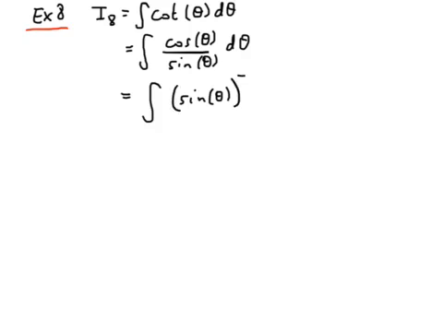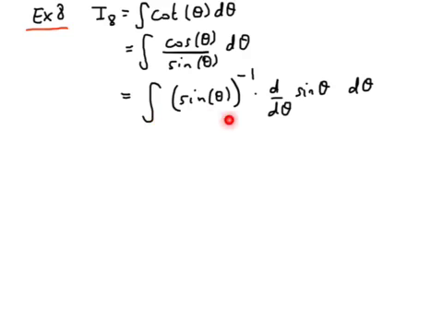all to the power of -1, and this does not mean the inverse function, it means the reciprocal function 1 over sine theta, multiplied by the derivative with respect to theta of the sine of theta, which is of course the cosine, integrated with respect to theta.